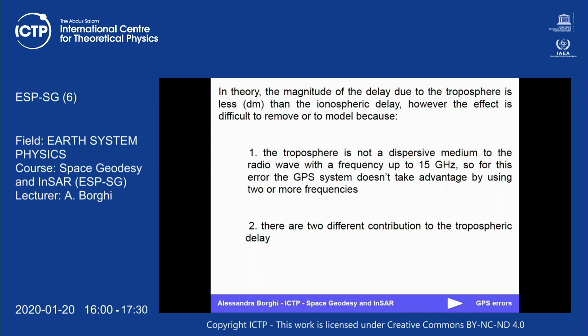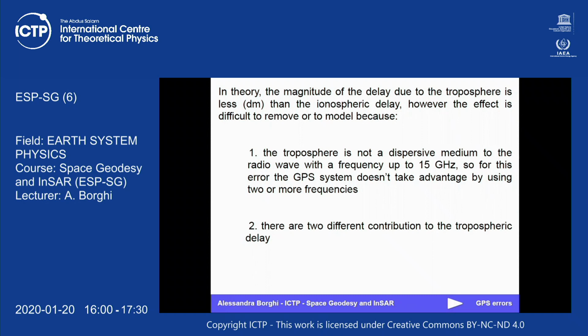It's more important than the ionospheric delay, because the troposphere is not a dispersive medium for the GPS signal. So it means that even if we are using 2, 3, 4, 5, 6 frequencies, we don't have any advantage, because it's not a dispersive medium for the signal.